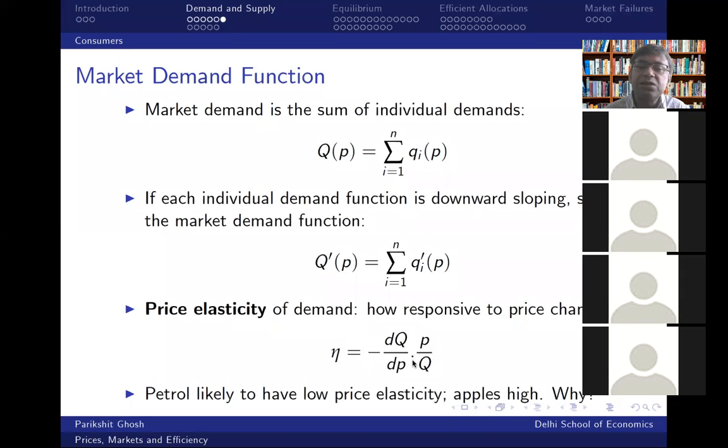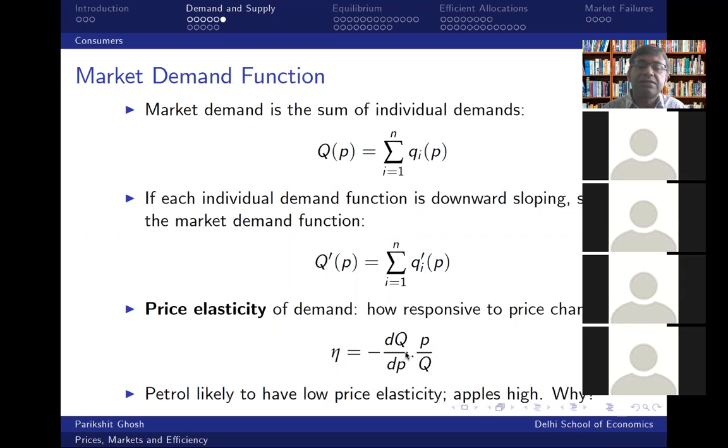That means that consumers do not respond too much to price changes, right? Their responses are sluggish. So if there's a 10% price change, maybe they'll change their demand by 1 or 2% if the elasticity number is low. And if the elasticity number is high, that means that they're very, very price sensitive. High elasticity means consumers are price sensitive, that even a small increase in price leads to a lot of consumer flight, right? They cut back on buying by a big amount.